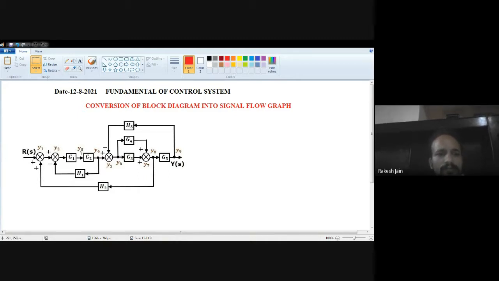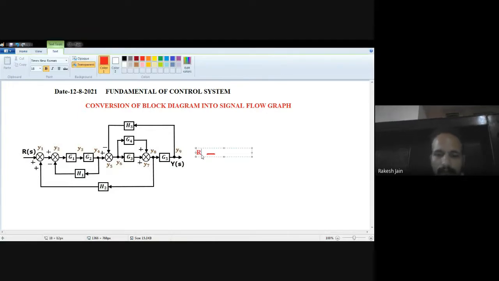First of all, there is R(s) at the input side, so I mention R(s) at the input side. This is your input R(s). Now it will go into a summing junction.